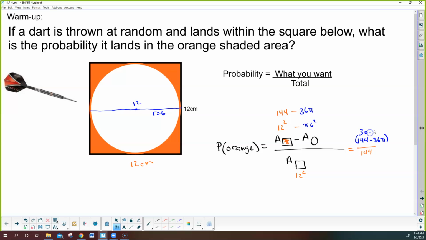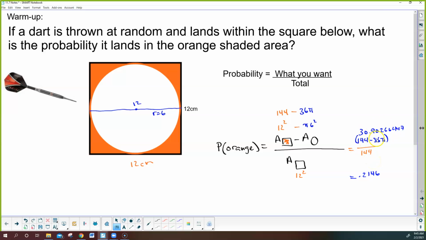And we get 30.90266447. Then I'm going to divide it by 144, and we get 0.2146. And we always want to round to 3 decimals.